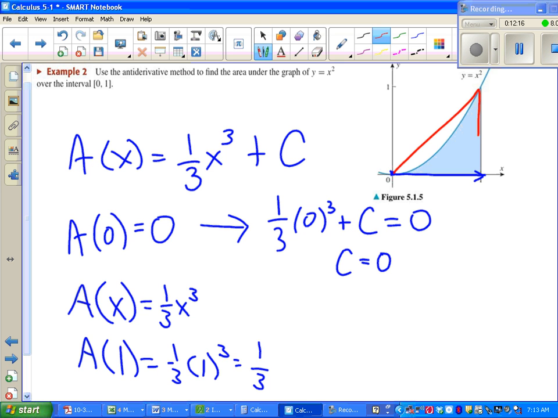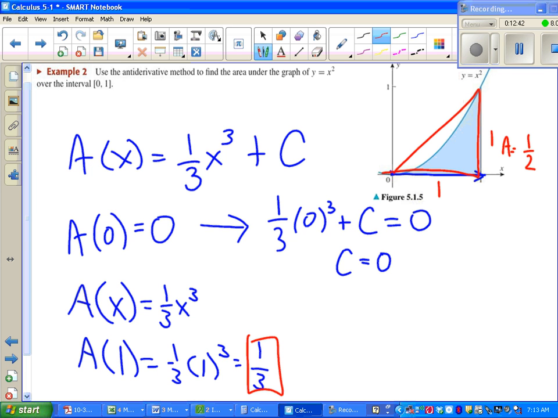The original shape was almost like a triangle. If I find the area of that triangle, that answer should be too big, not hugely too big, but too big. And I can see that my base and height are both 1, so my area of that triangle is 1/2, which is a little bit bigger than 1/3. So I feel good about this answer.